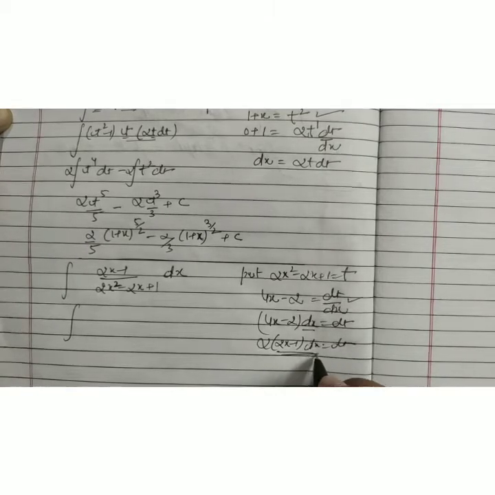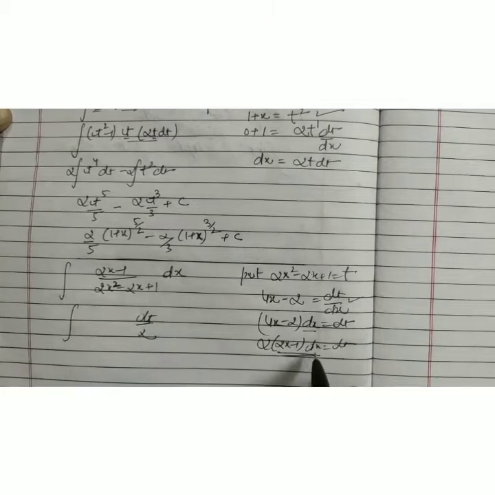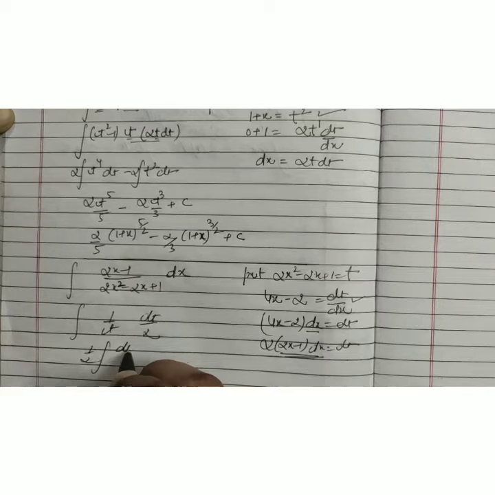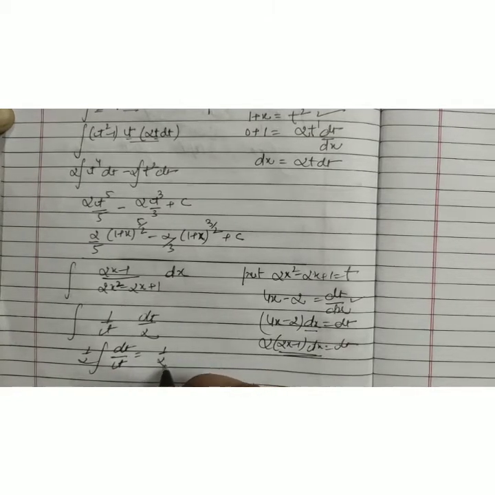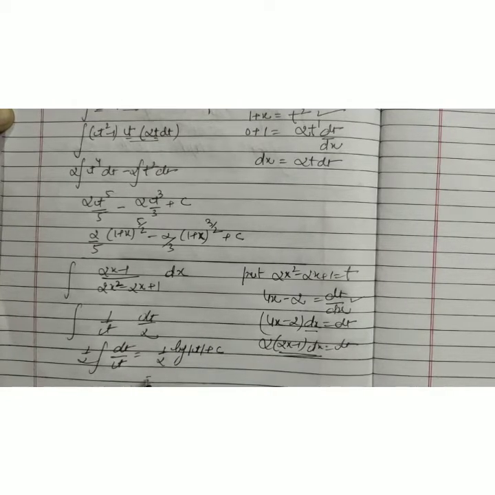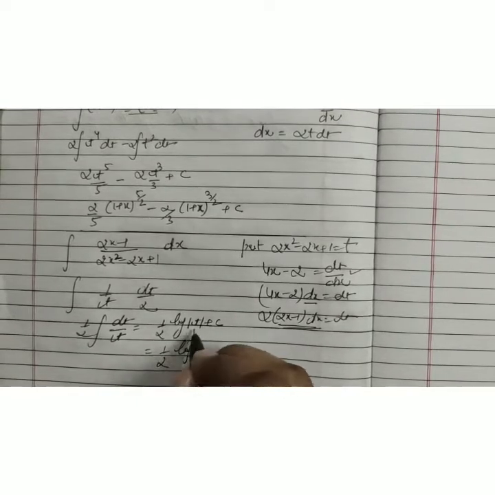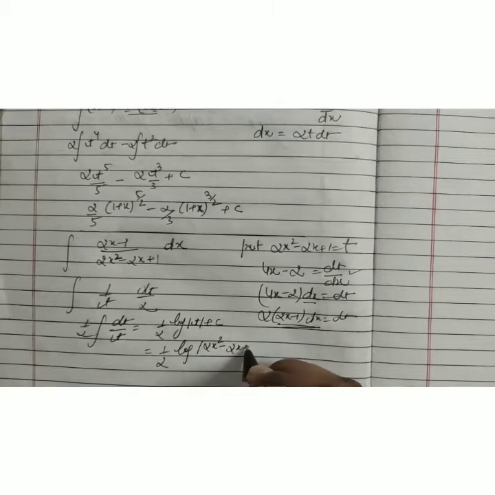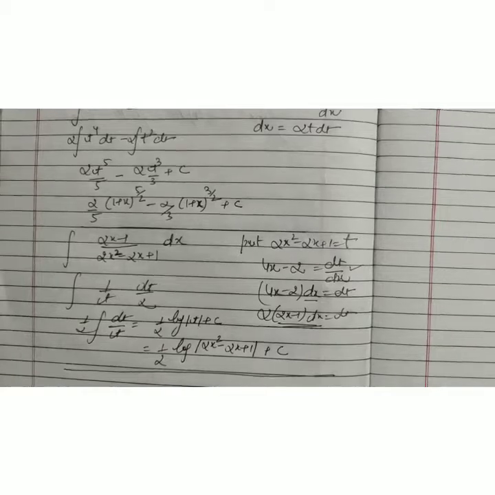So the value of 2x minus 1 dx, which is the numerator, is given by dt by 2 from here, and the denominator is given by t. 1 by 2 outside, integration of dt by t is like 1 by x dx, which is given by log of the variable plus c. Changing the value of t back, it is given by 2x square minus 2x plus 1 plus c. This is another type.